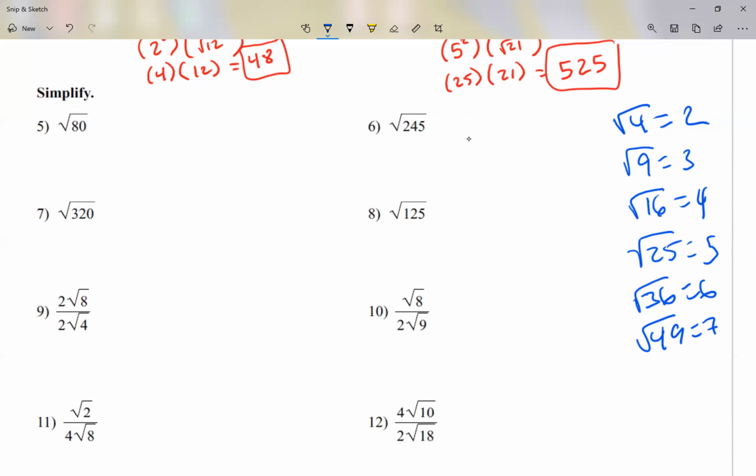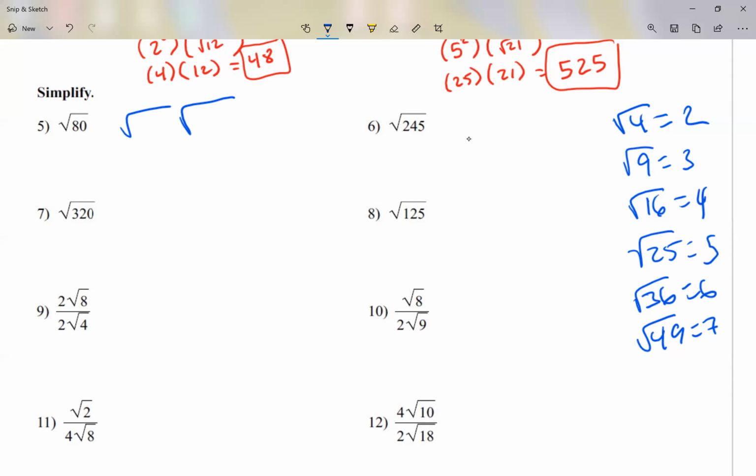What I'm going to do with the square root of 80 is break it down as 2 square roots, as 2 radicals. One of them has to be from my list of perfect squares, so it has to be either 4, 9, 16, 25, 36, 49, any of those.